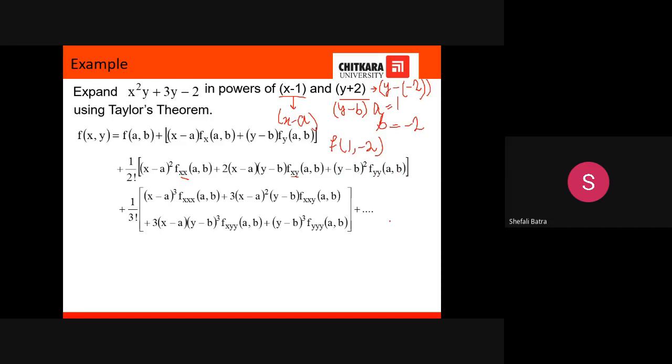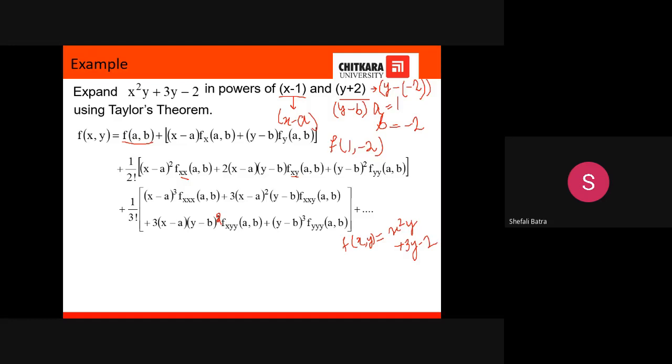And similarly, third term, a cube plus b cube, 3a square b plus 3a b square. So you need to find out value of function. What is a? A is 1 and b is minus 2. So first of all, find out this. F of x comma y function given, that is equal to x square y plus 3y minus 2.